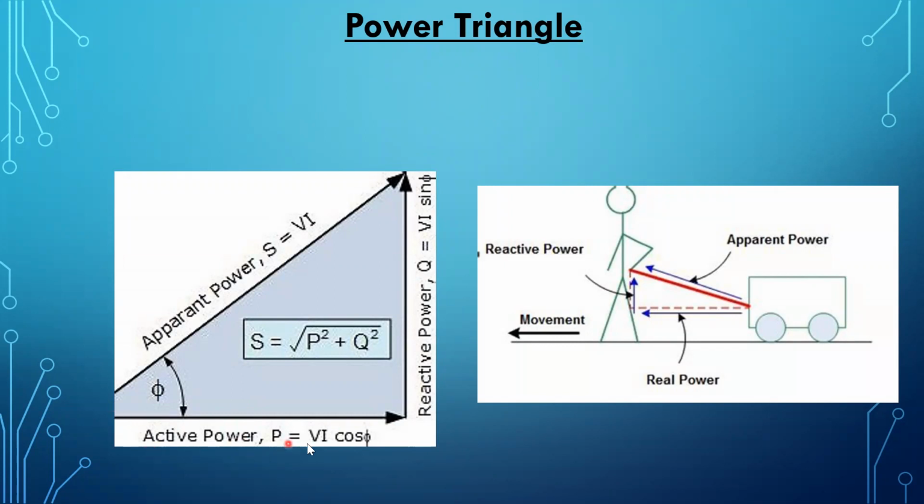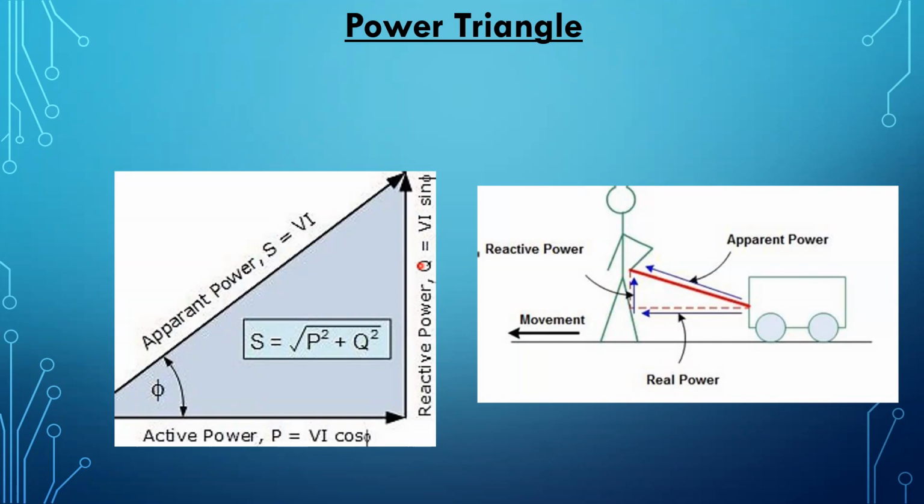Active power is P equal to VI cos phi, which is the base, and the perpendicular line is the reactive power, Q equal to VI sin phi, and the apparent power is the hypotenuse, S equal to V into I. So the apparent power squared, S squared, is equal to P squared plus Q squared. This is the power triangle, a graphical representation of real, active and reactive power, all three powers, and mostly it will be a right-angled triangle.